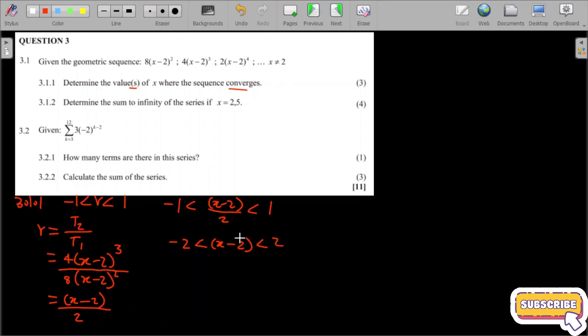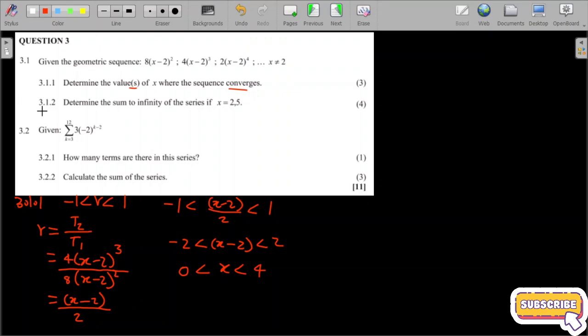Now take the 2 to the other side, so it becomes positive, and we get 0 < x < 4. This is the convergence condition I wanted for the values of x.